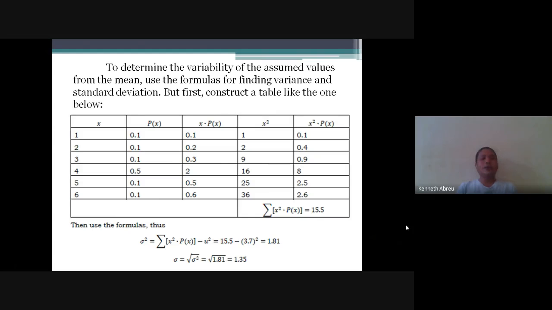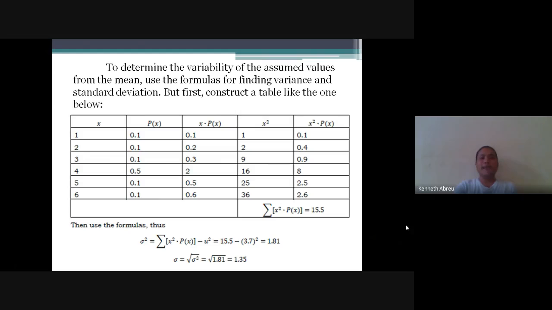Pagdating natin sa fourth column, there is a common error. So I want you to get your modules and write down the correct answer in column number 4. What are the mistakes that I saw there?